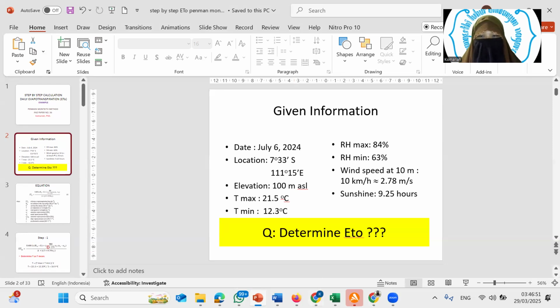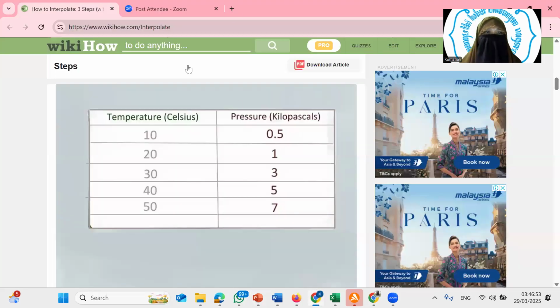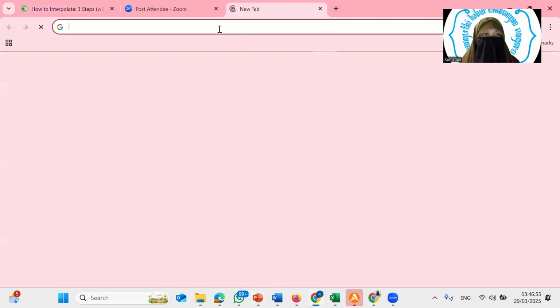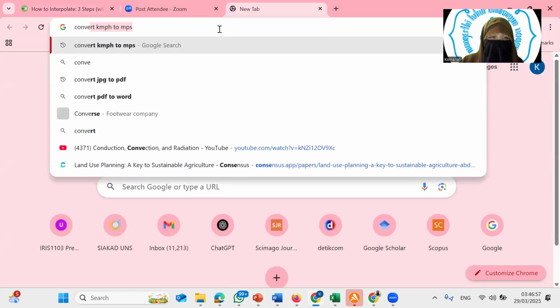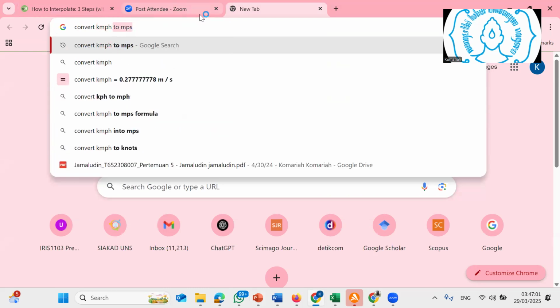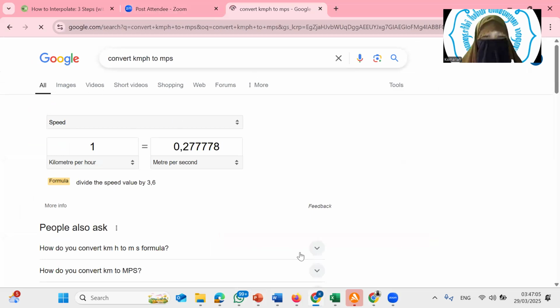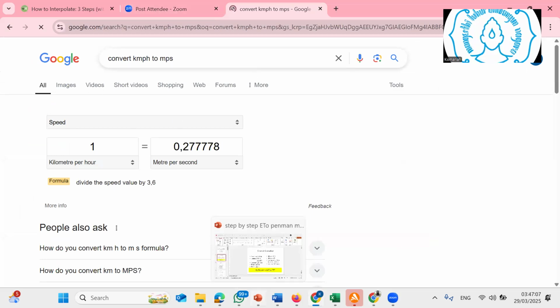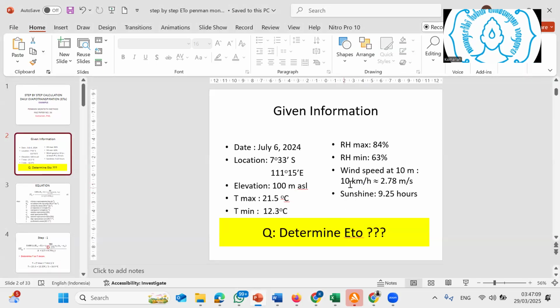How to calculate? You just go to Google. Example here. Convert kilometer per hour to meter per second. Okay, so here the information is 10 kilometers per hour. How much is that in meters per second?